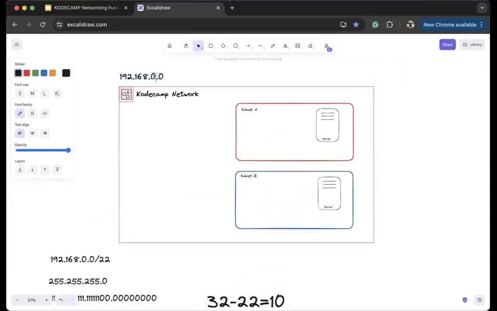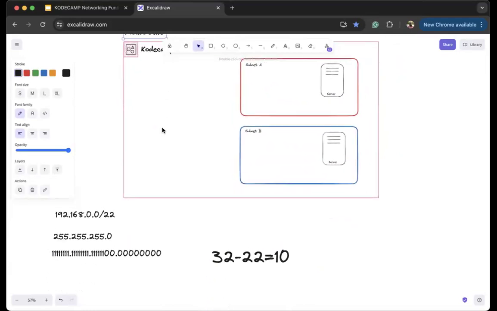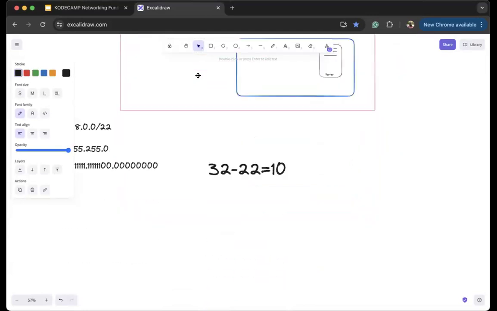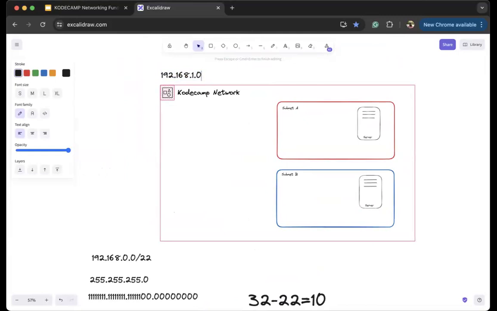Let me reduce this. I'll put 1 here for example. So we have a subnet with the notation of 192.168.1.0/24, for instance. Okay.